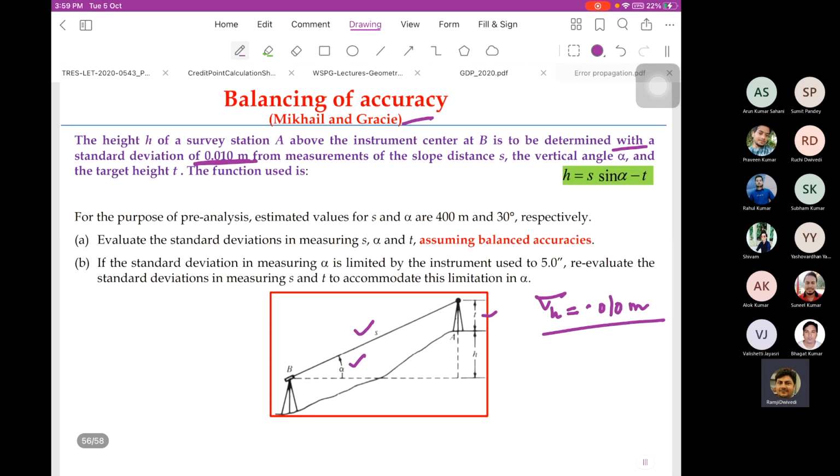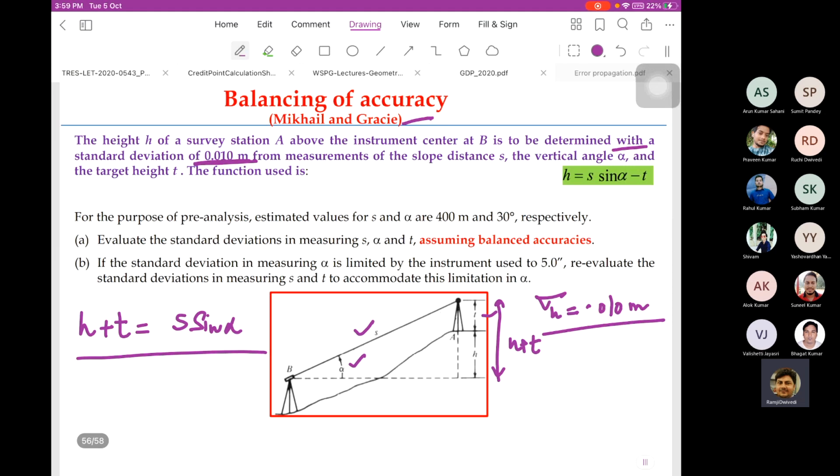Now, you must consider this problem from the error propagation point of view first. You are given a function: h plus t is equal to s sine alpha. That means the total height, which is h plus t, is s sine alpha.